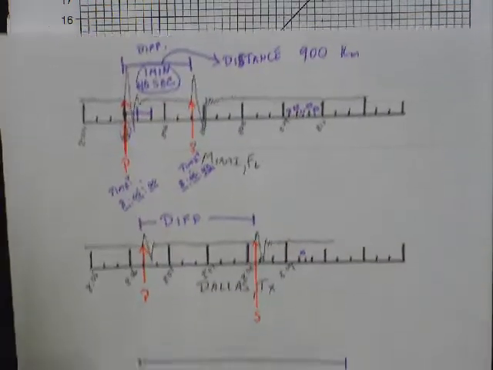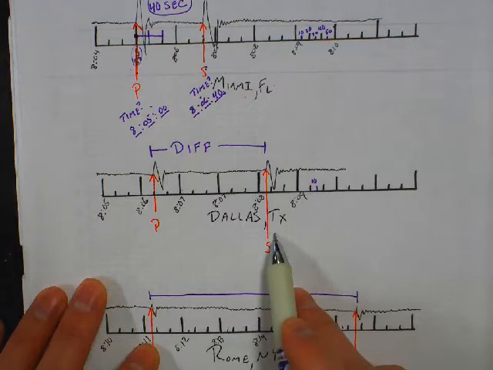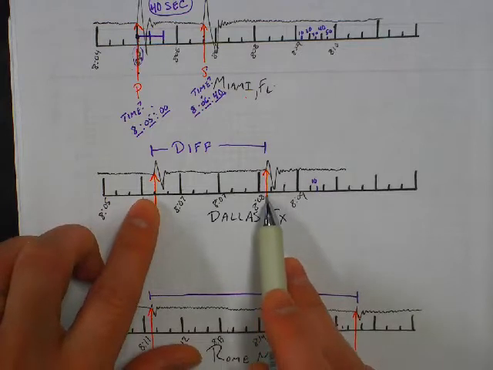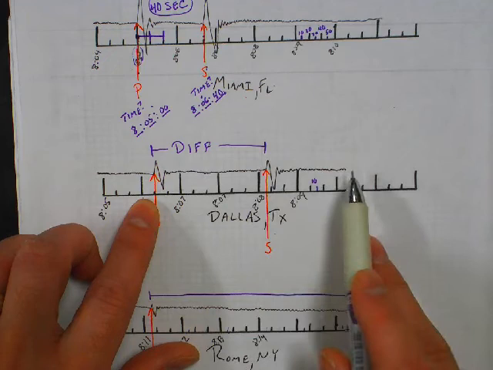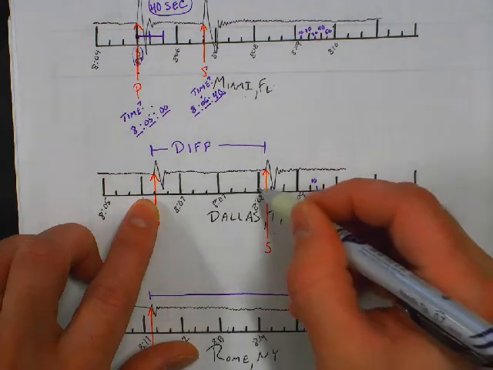You have to figure out how far away the earthquake is for Dallas. You've got your time difference, which you've already figured out. Use that number to get your distance. Take that number. How many minutes?